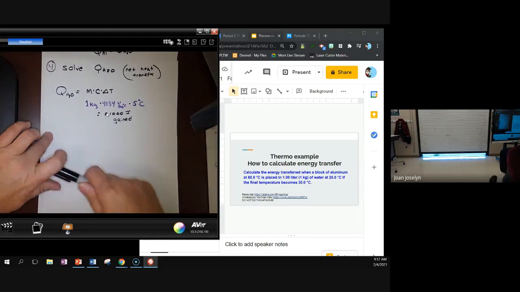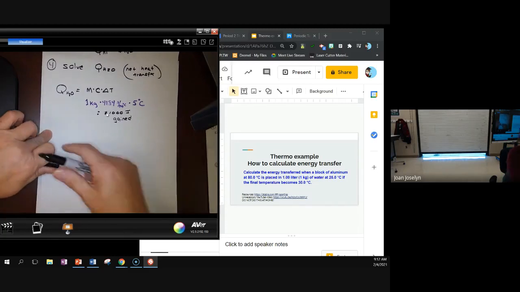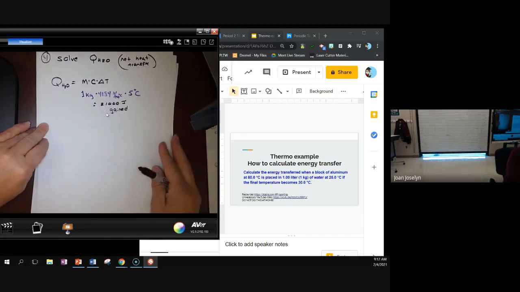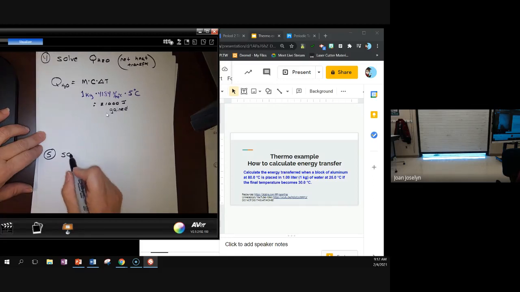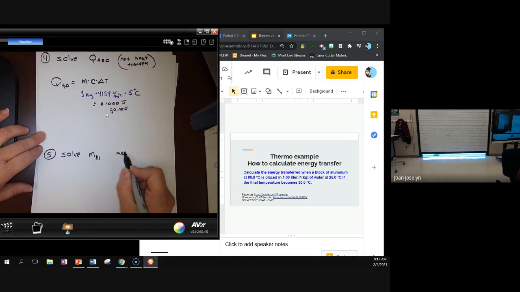If that'll hold. Okay. So the next thing we want to do, 5, is solve for the mass of aluminum, or MAL. That's mass of the aluminum block.